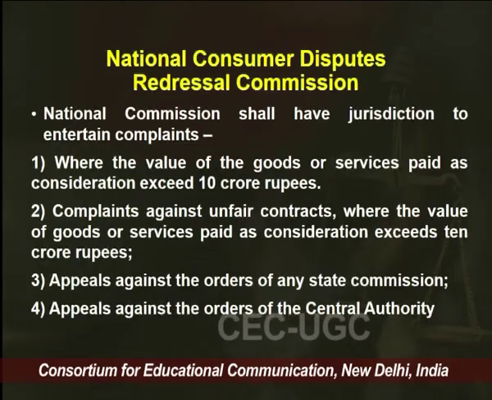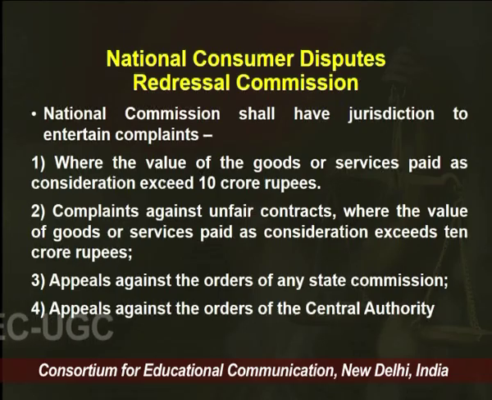Then next one is the National Commission. The Central government establishes the National Commission, as per section 53. They deal with the matters in which the goods or services provided, or the compensation that is claimed, exceed 10 crore rupees.